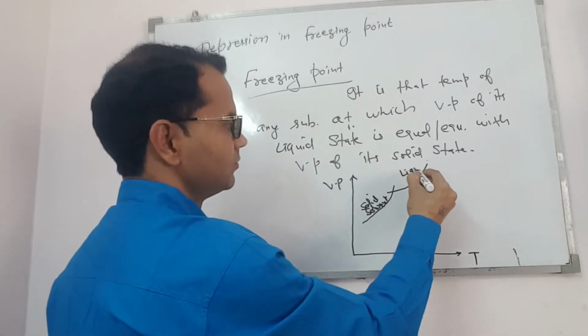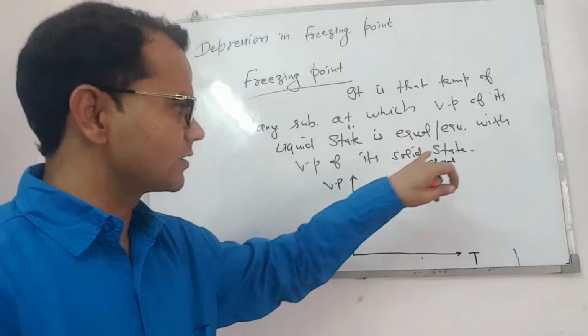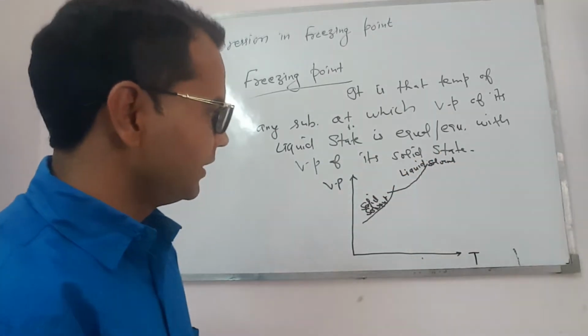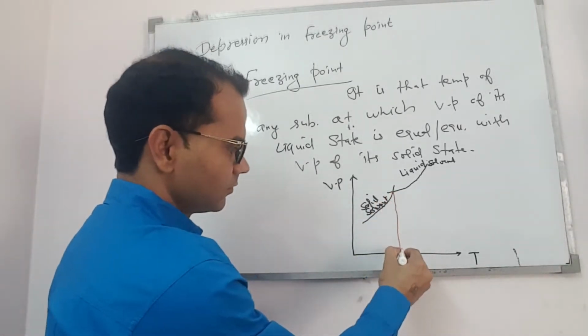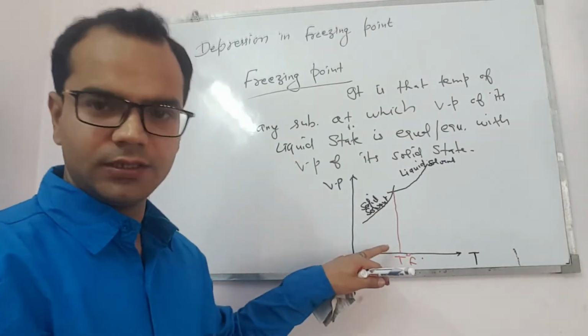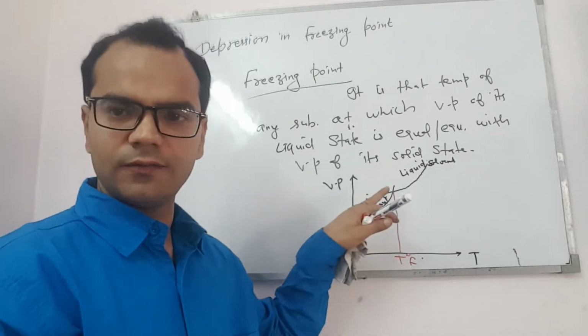This is the liquid solvent. The liquid solvent curve will cut the solid solvent curve at a point. That point is the freezing point, which I represent with T naught F. T naught F is the freezing point of a pure solvent.